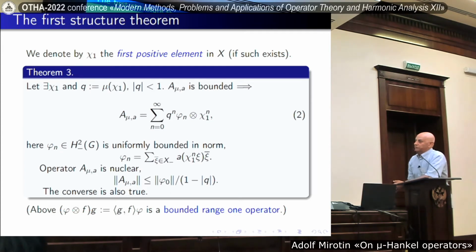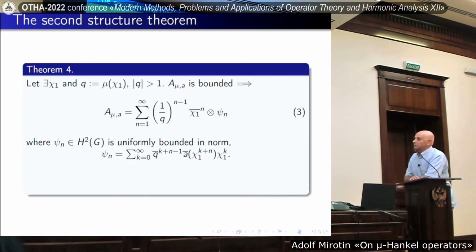Moreover, this operator is nuclear, and its operator norm has the following estimate. And it's important that this is the general form, since the converse of this statement is true. So formula 2 gives us the general form of the mu-Hankel operator in the case where the first positive element exists and the absolute value of Q is strictly less than 1.